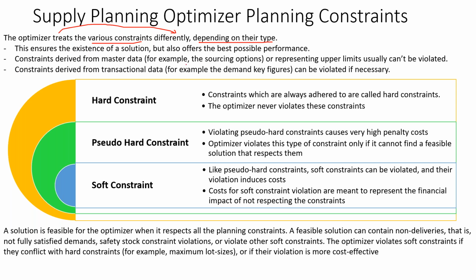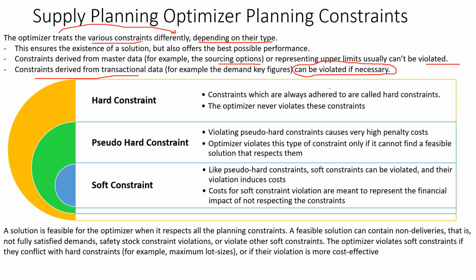Constraints derive from master data, for example, sourcing options. So we have seen customer sourcing, location source, production source. So the constraints derived from the master data represent the upper limits and usually cannot be violated. Constraints derived from transactional data, for example, demand key figures, can be violated if necessary. So some can be violated, some cannot be violated.